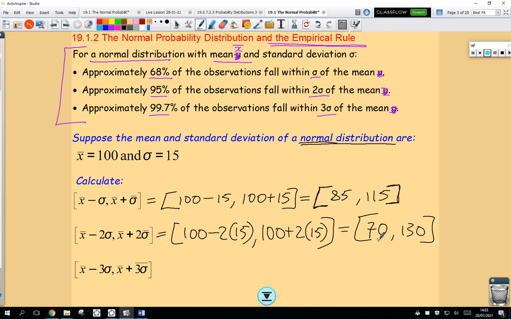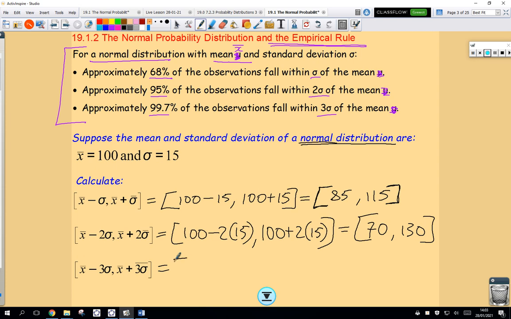So we have an interval starting at 70, including all numbers up to 130, and that's an inclusive interval. 70 and 130 are inclusive. So all numbers from 70 to 130 inclusive. That's mean minus 2 standard deviations to mean plus 2 standard deviations.